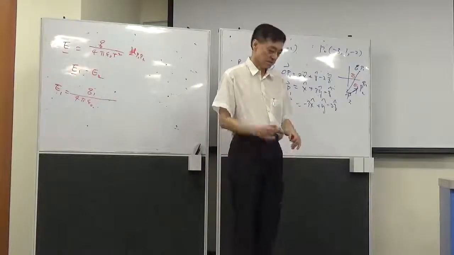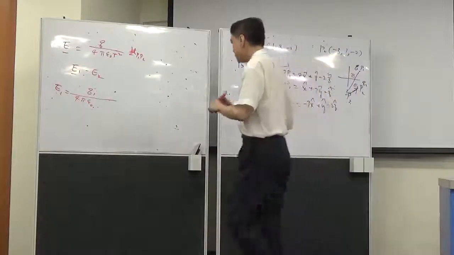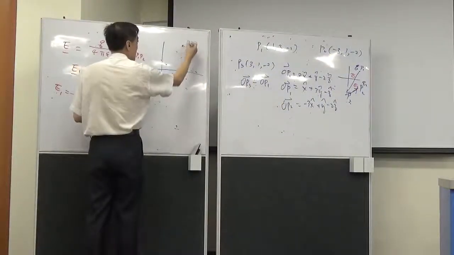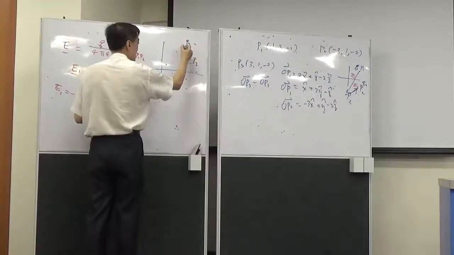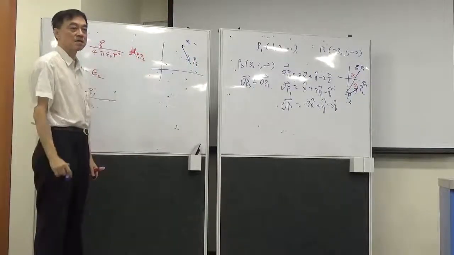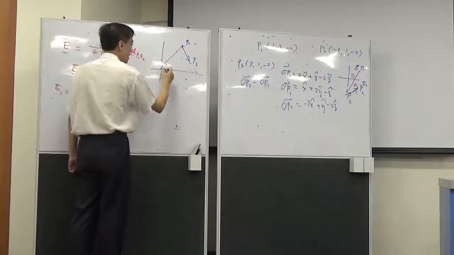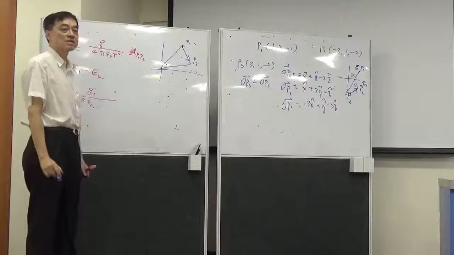What is that distance? P2, P3. What is this vector?